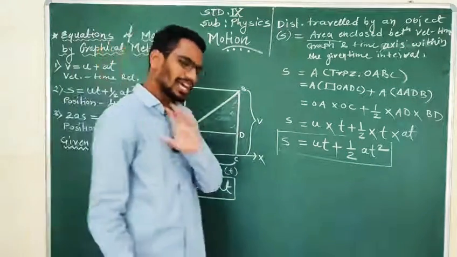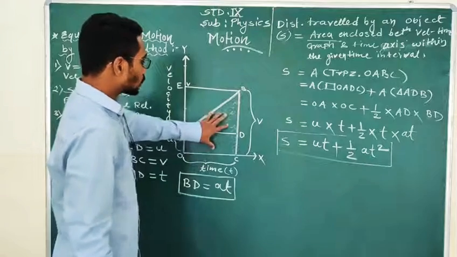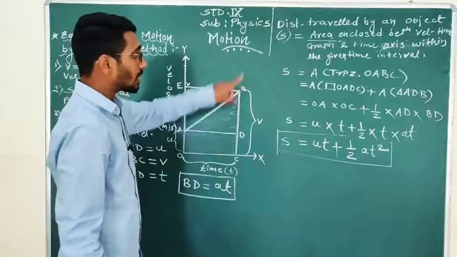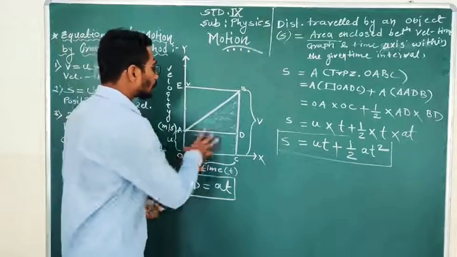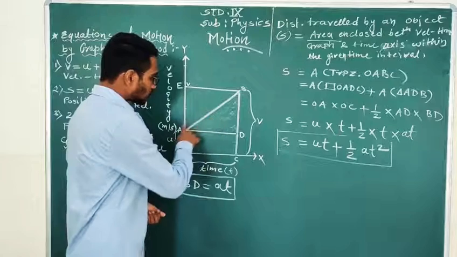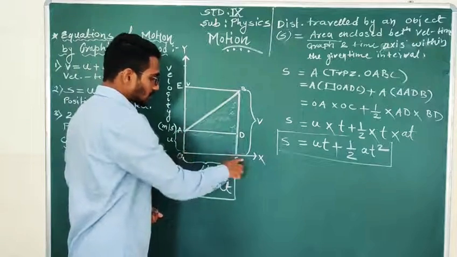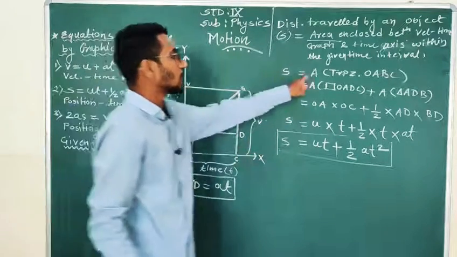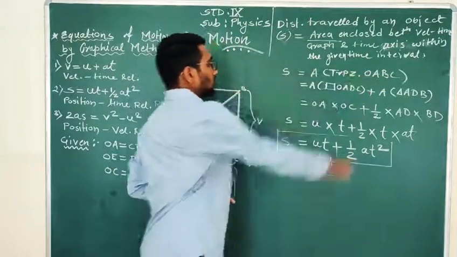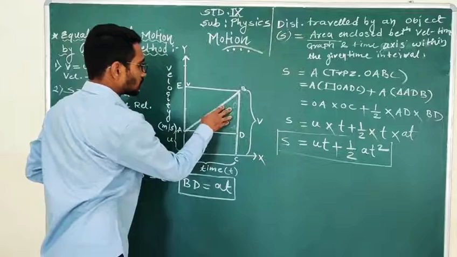Is it making sense? It's very simple. To get the displacement, or we can say to get the distance travelled by an object, small s, you have to find out the area of the shaded portion. Why? Because this is the area enclosed between the velocity time graph and time axis. So you have to calculate the area of trapezium OABC. Area of trapezium OABC is equal to area of this rectangle plus area of this triangle.